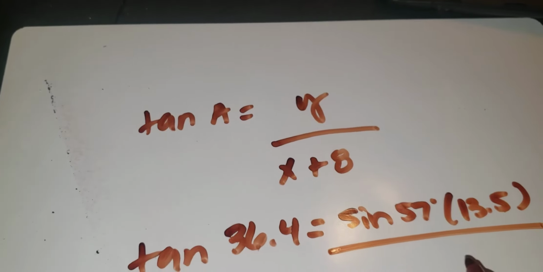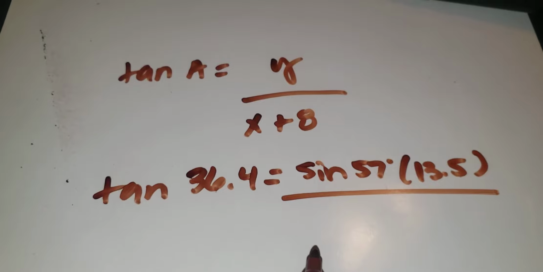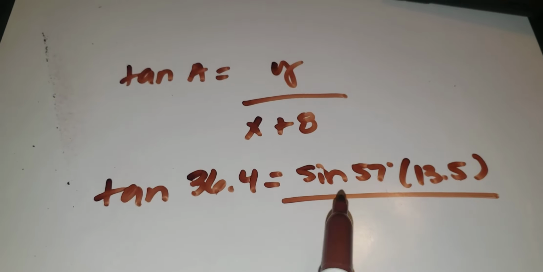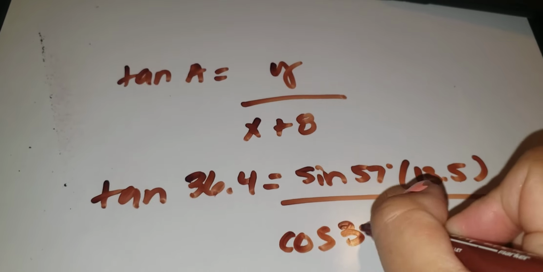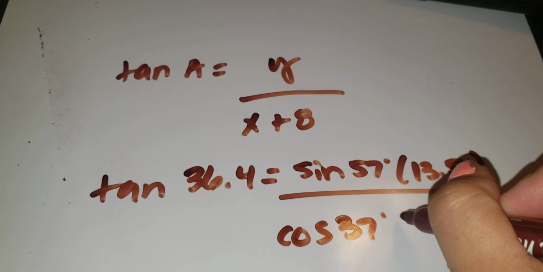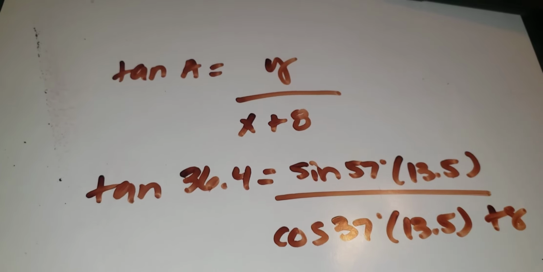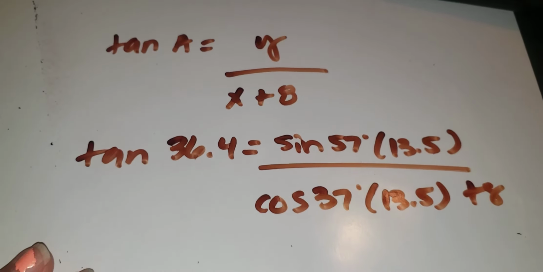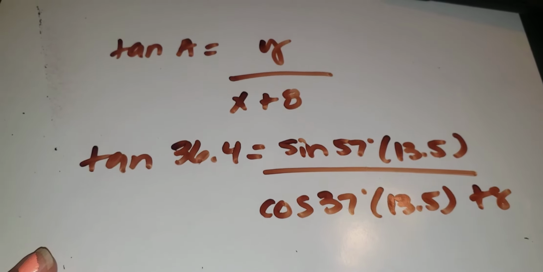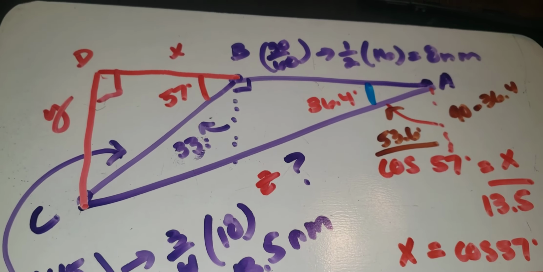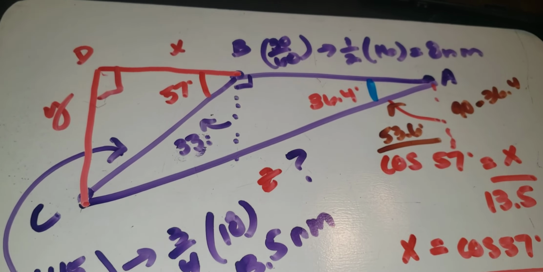And then X was cosine of 57 degrees times 13.5 plus 8. So I am going to put this in the calculator. All right, scratch that. I was trying to go through an entire video without making an error.